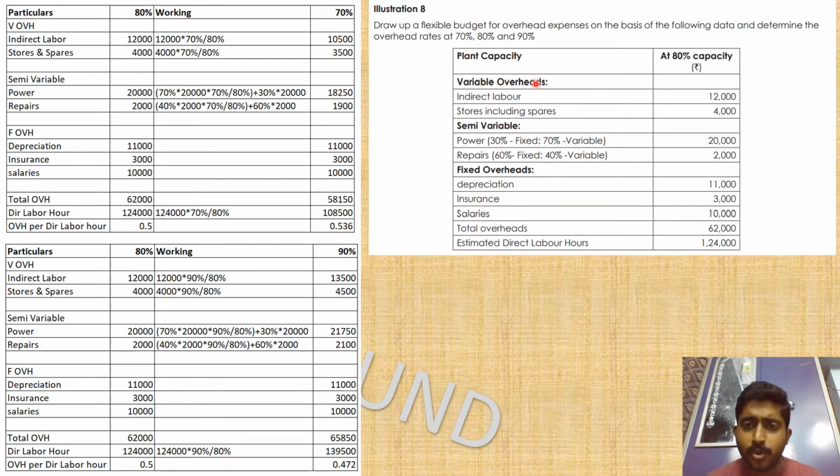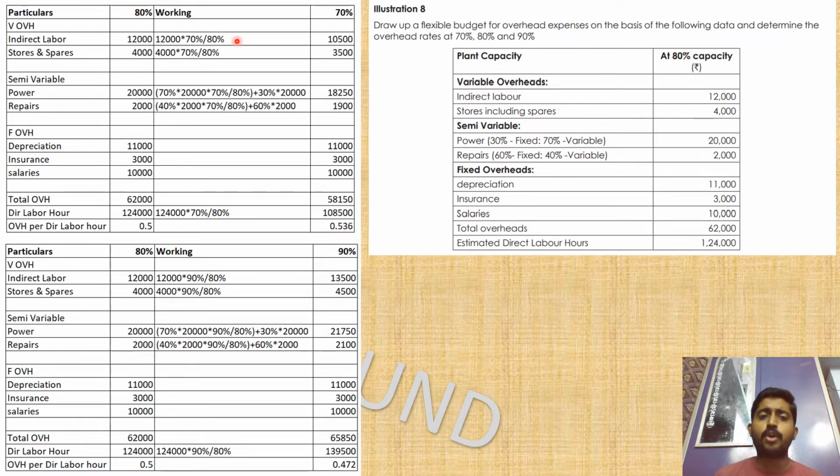Variable overheads are given as indirect labor 12,000 and stores including spares 4,000. Variable overhead varies with the capacity utilization. It is very simple. 12,000 is the variable overhead at 80%. So at 70%, what is it going to be? Divide by 80% and multiply by 70%.